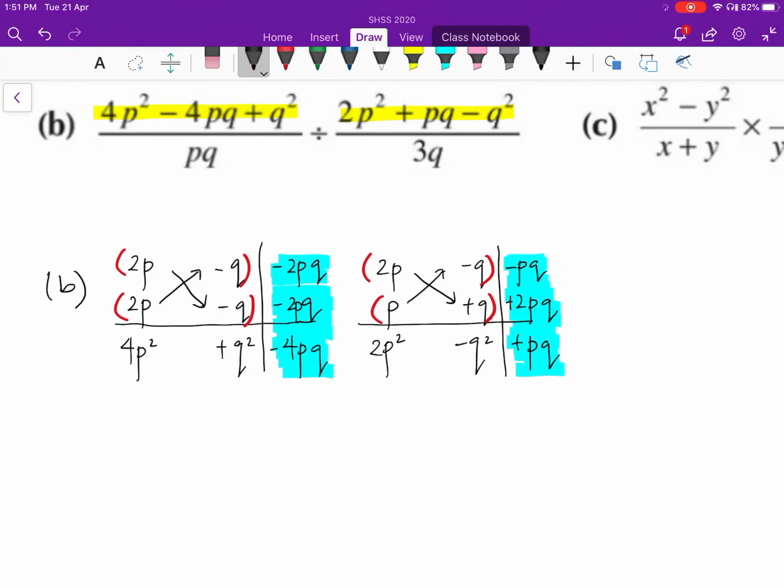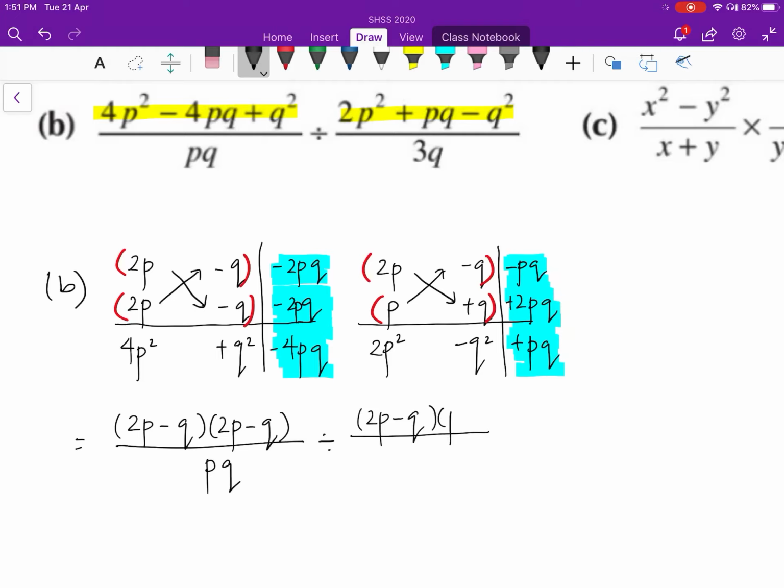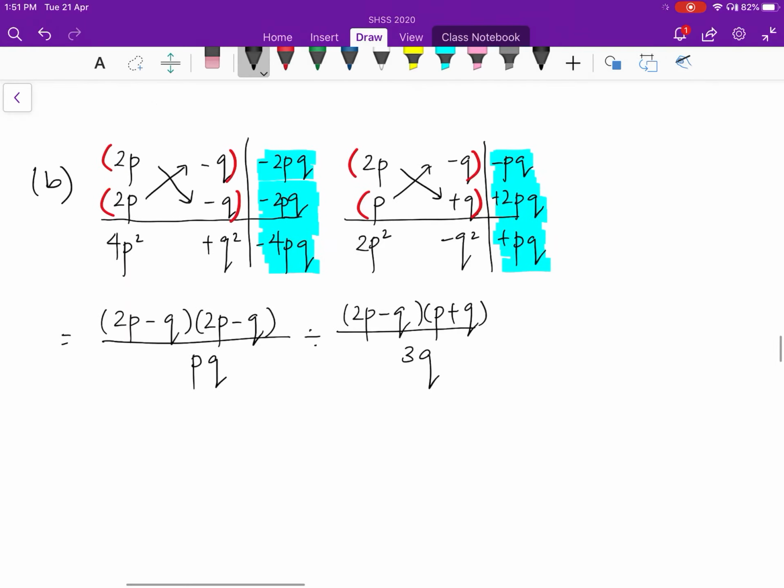Now we write our factorized form, which is (2p minus q)(2p minus q) over pq, divided by (2p minus q)(p plus q) over 3q. Now fraction divide by fraction, we know we need to do keep, change, flip.